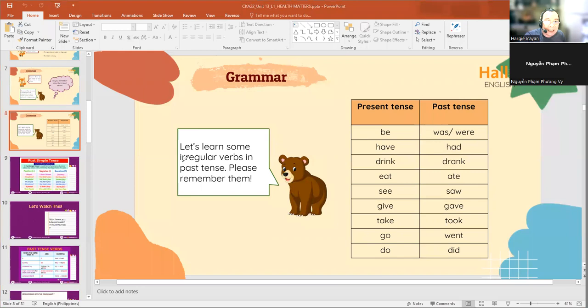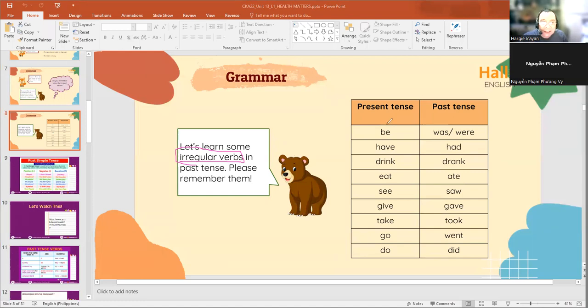With irregular verbs, we change the spelling, unlike the regular verbs. The ones we discussed a while ago are all regular verbs, where in forming the simple past tense we just add d or ed at the end, or we change the y into i and add ed. For example, cry becomes cried.